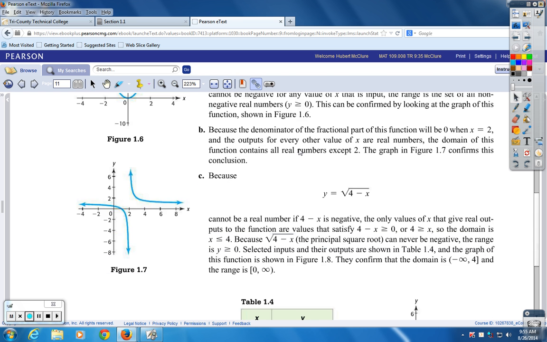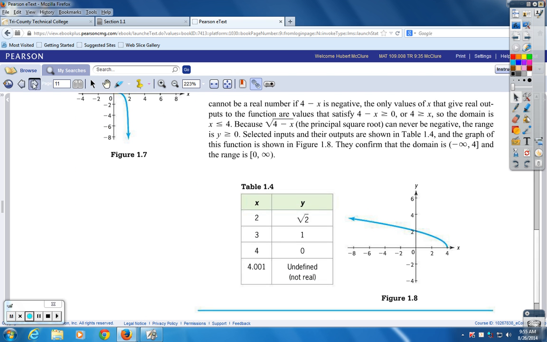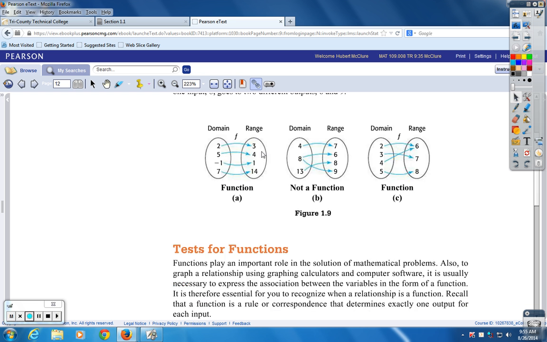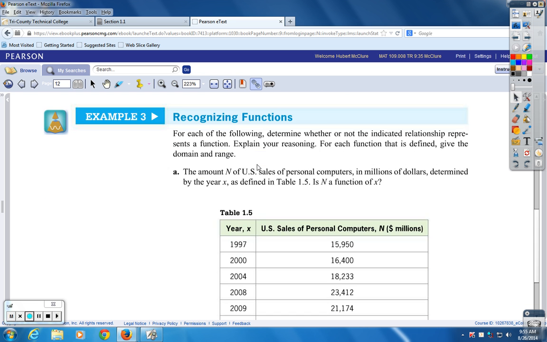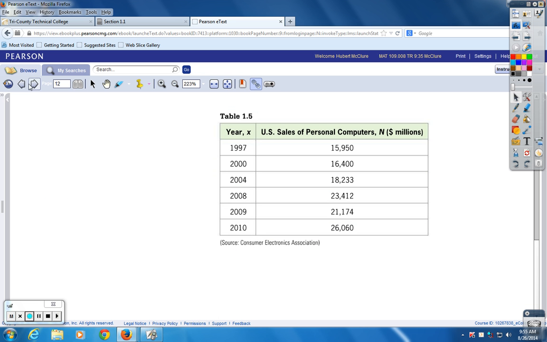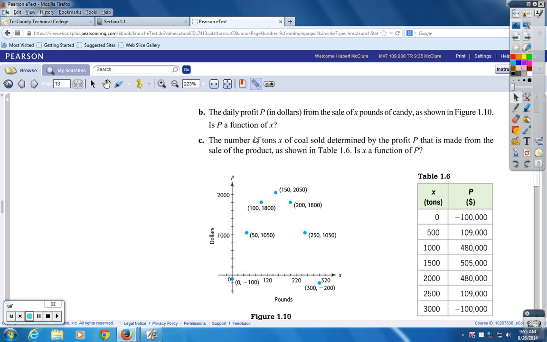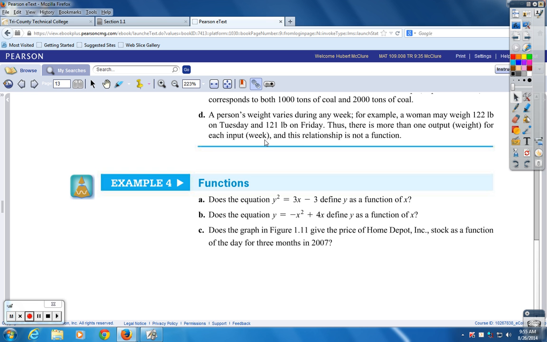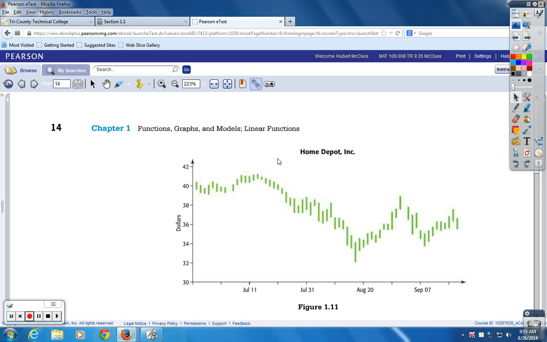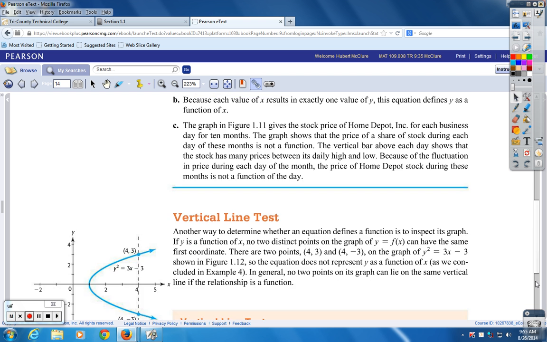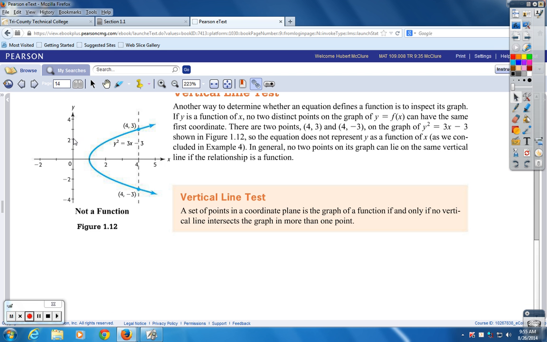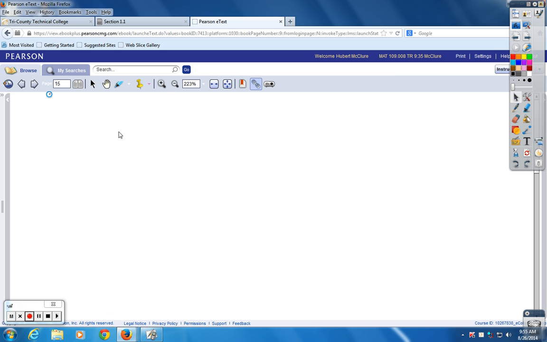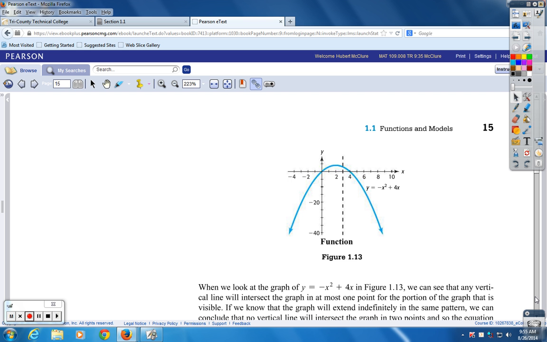Just put domain and range, important. Recognizing functions. Don't worry, I'll write them on the board. Vertical line test.